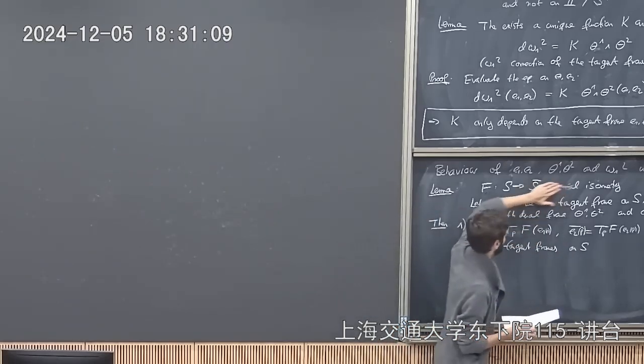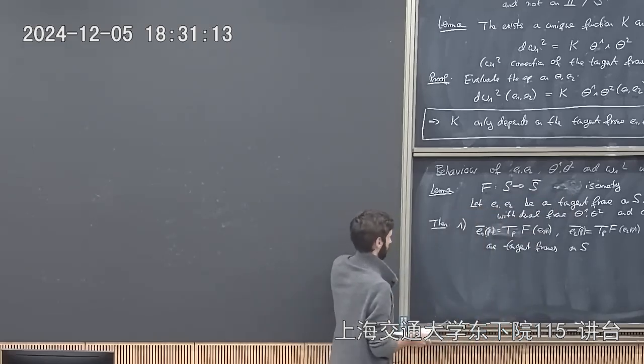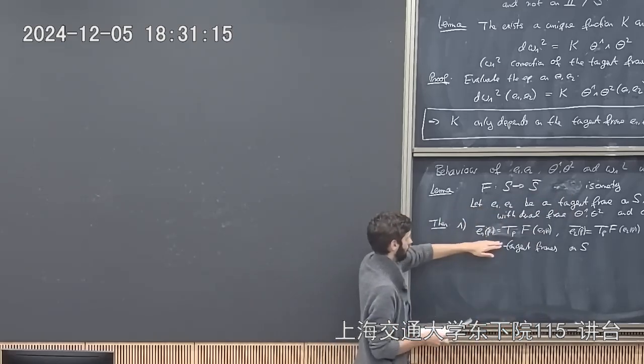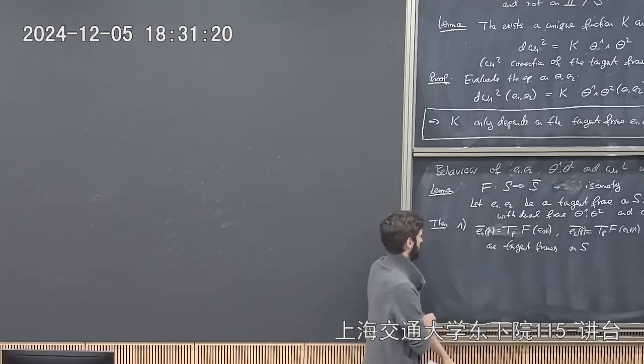Maybe to make it easier, just say that it's a complete isometry. And then we get two vector fields on S bar.